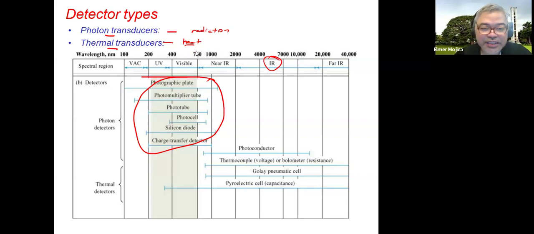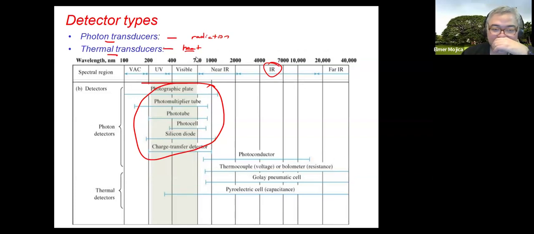So I think that's the main difference between these two, the photon transducer versus the thermal transducers. And we're going to know each of them one by one. So we're going to look at the so-called photon transducer.